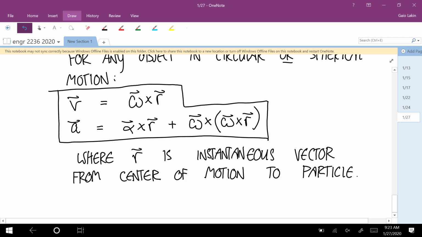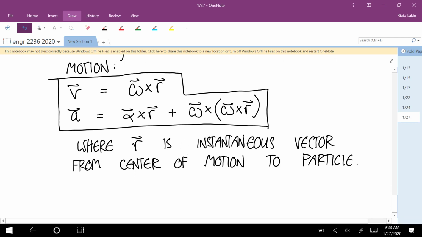So I say instantaneous because as this thing moves around in its circular path, that's a vector that goes from the center of the circle or the sphere to the object. And so at every instant, that r vector is changing, as the object moves around this circular perimeter or the spherical shell, you can imagine it.